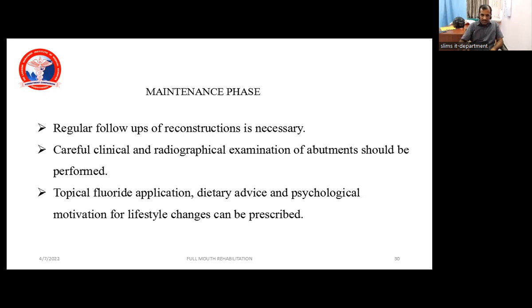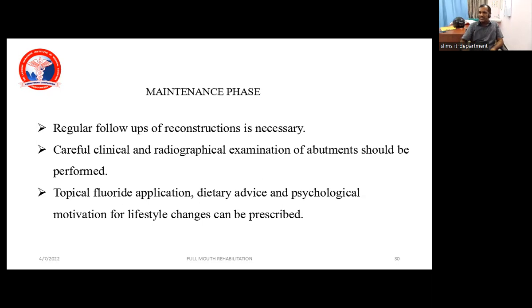So there should be a regular follow-up, and you should check with radiographs, that too of the abutment tooth. The other thing is maintenance with topical fluoride application or dietary advice. And the next is lifestyle modification.